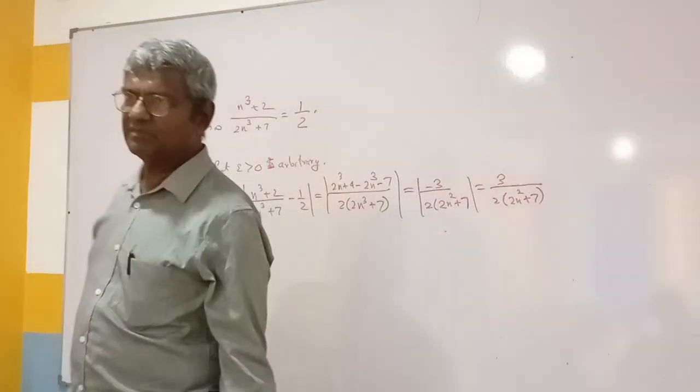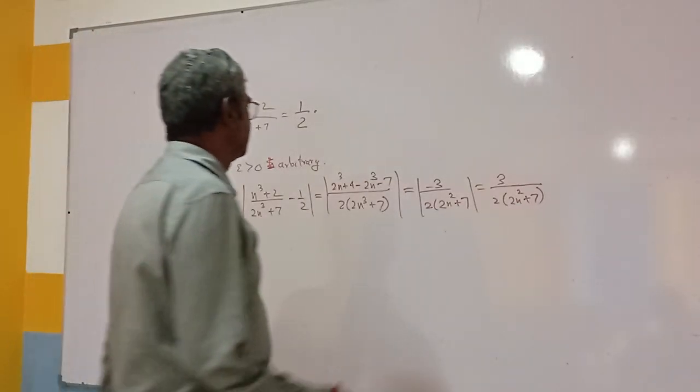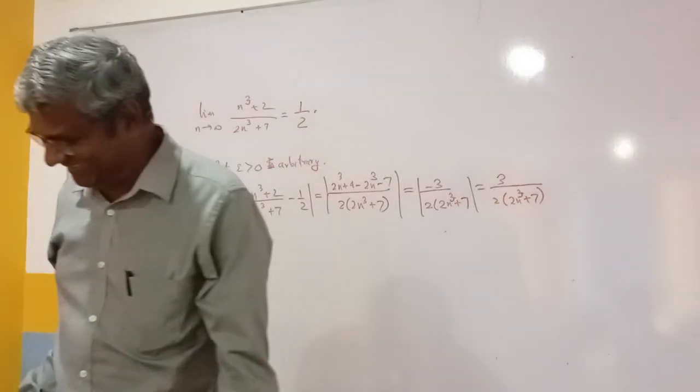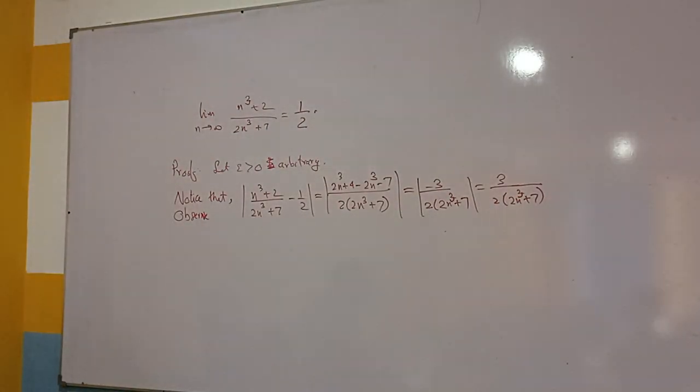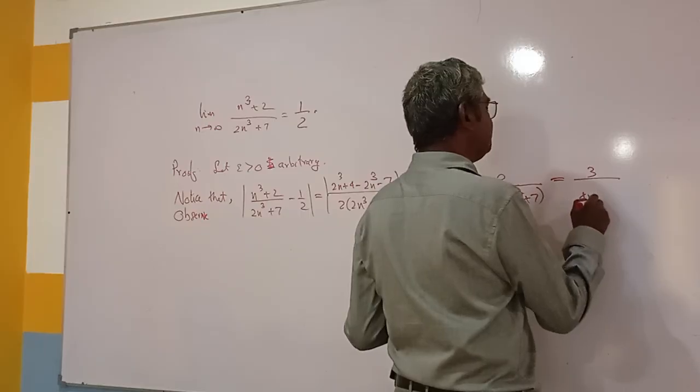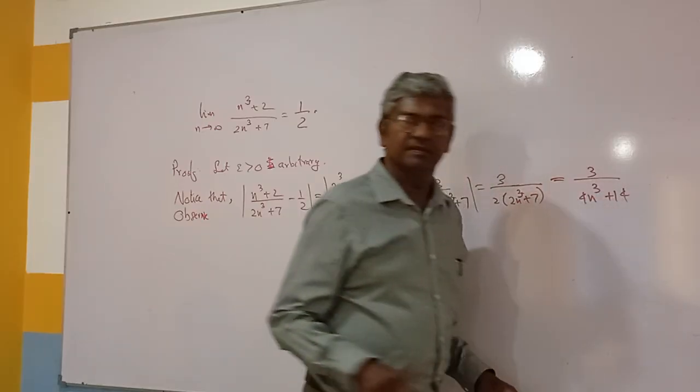Yeah, 2n cube. I'm reducing step by step, so it is easier to write the proof. So I guess 3 over this thing. Now, what should I do? If you were solving, what would you do? We will simplify this thing and then ask you the same thing: 3 over 4n cube plus 14.